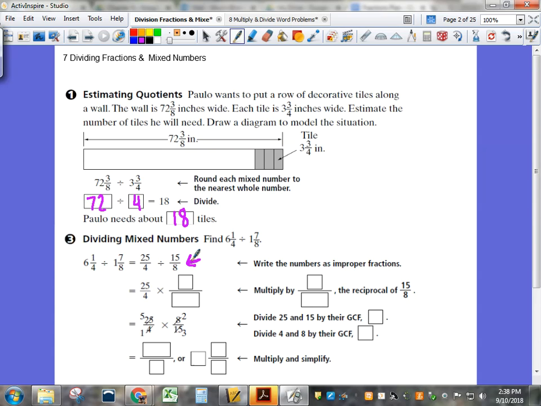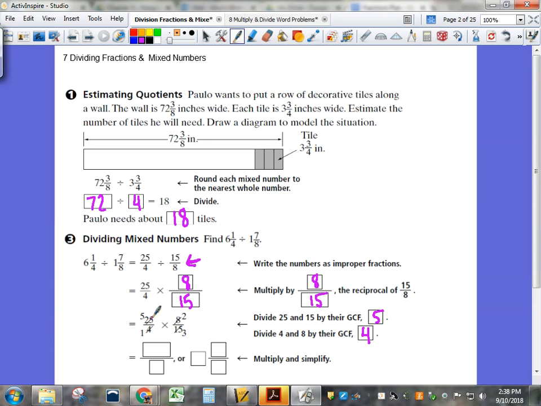But remember, when we are dividing, we are really multiplying by the reciprocal. So we're really multiplying by 8/15, because that's the reciprocal of 15 over 8. Now I can cross simplify, so I can divide 15 and 25 by 5, and 4 and 8 by 4.